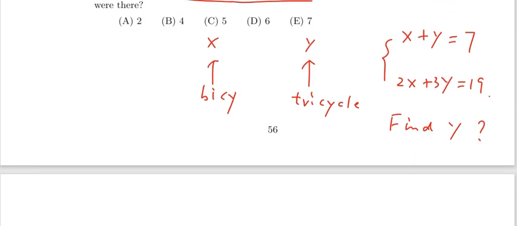We change the first equation to 2x plus 2y equals 14. Okay, so very quickly we get y equal to this equation minus this equation, 3y minus 2y, y equals 5.